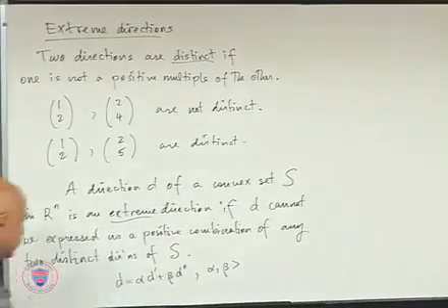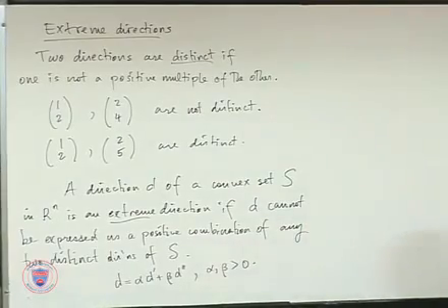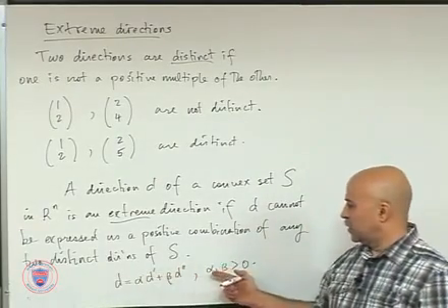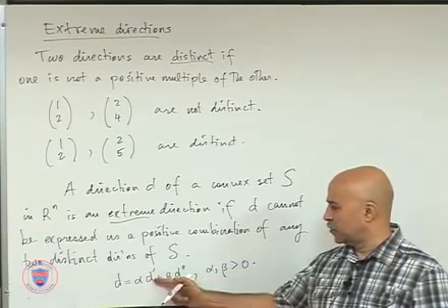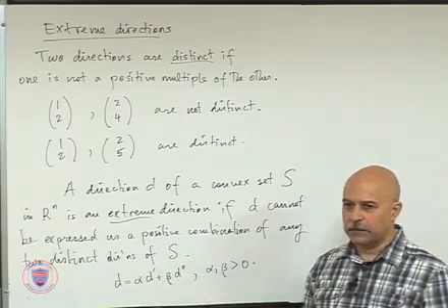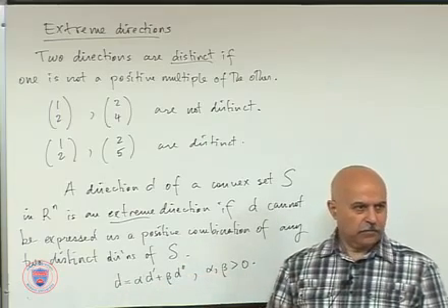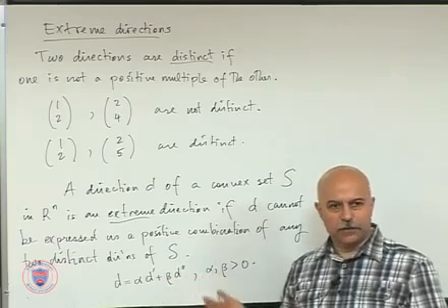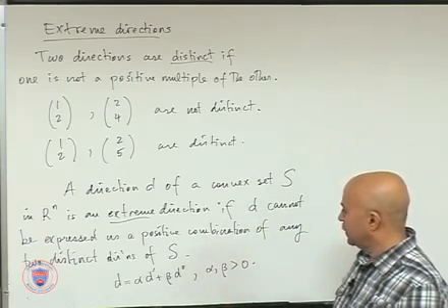Yeah, positive. Where alpha and beta are real. If you are able to discover alpha and beta relative to some two distinct directions, D prime and D double prime, then D is not an extreme direction. If you're not able to do this, then it is an extreme direction. Okay?